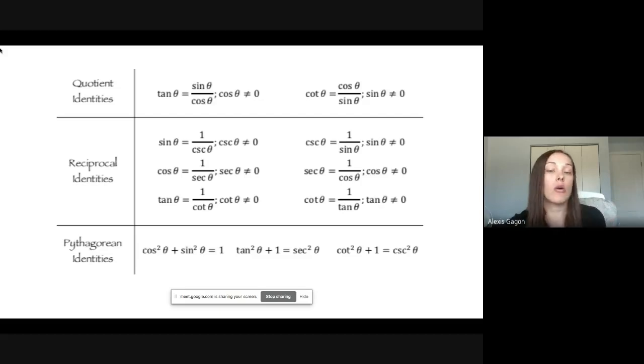So I'm not going to go over that right now, but tangent equals sine over cosine. Always use this one over this one, okay?